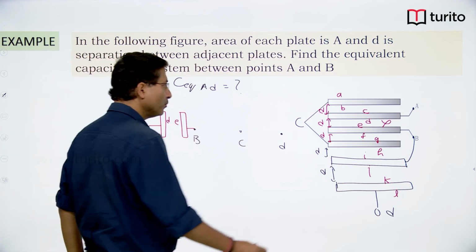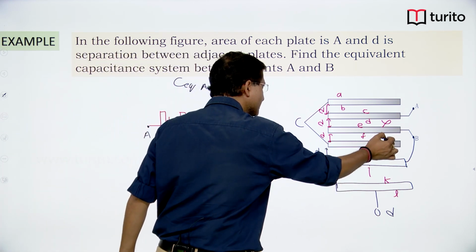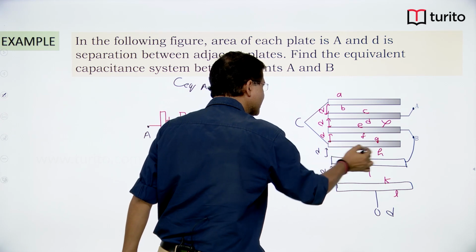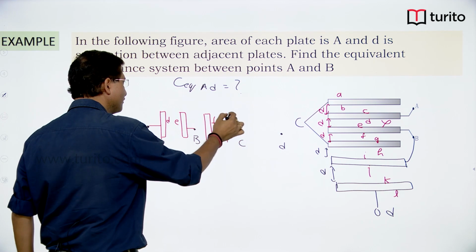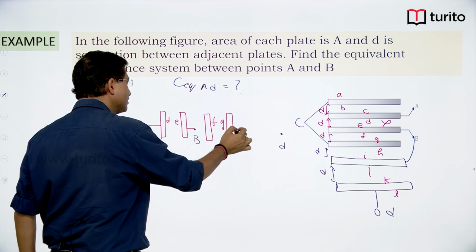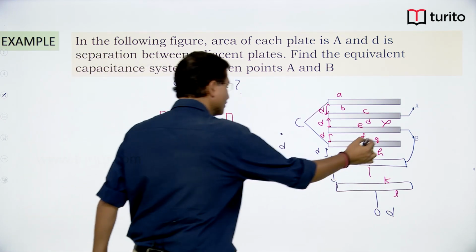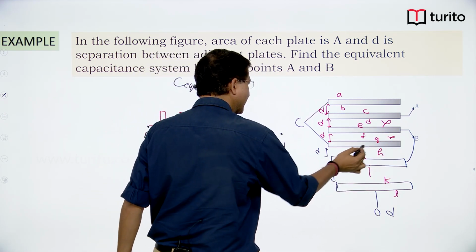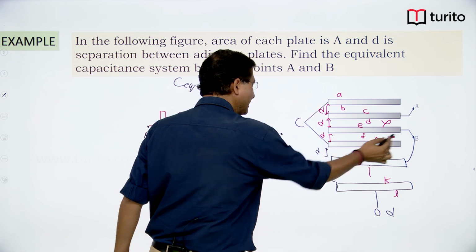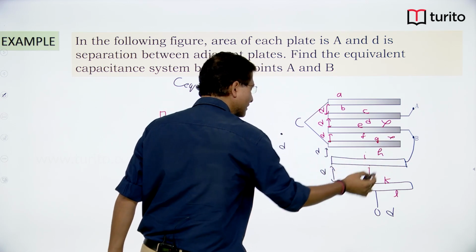Now B's F and C's G. B's F is facing surface G of C. So this one is over. Now C and B, look at this space.